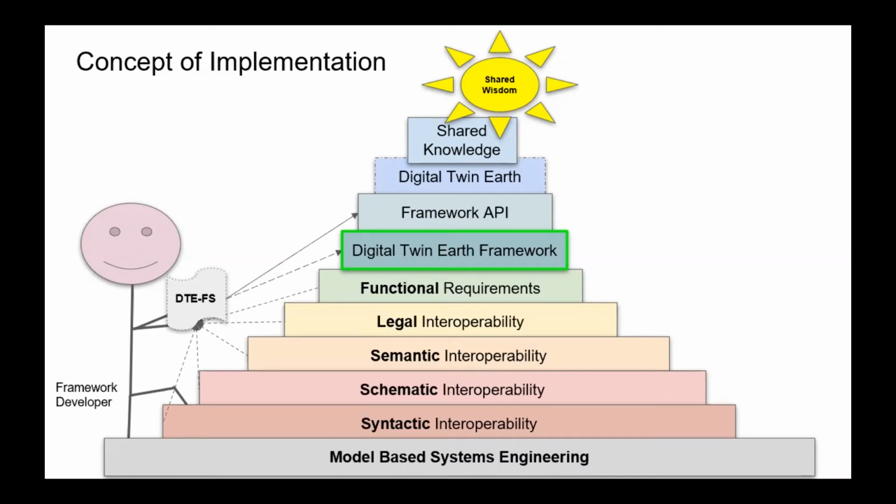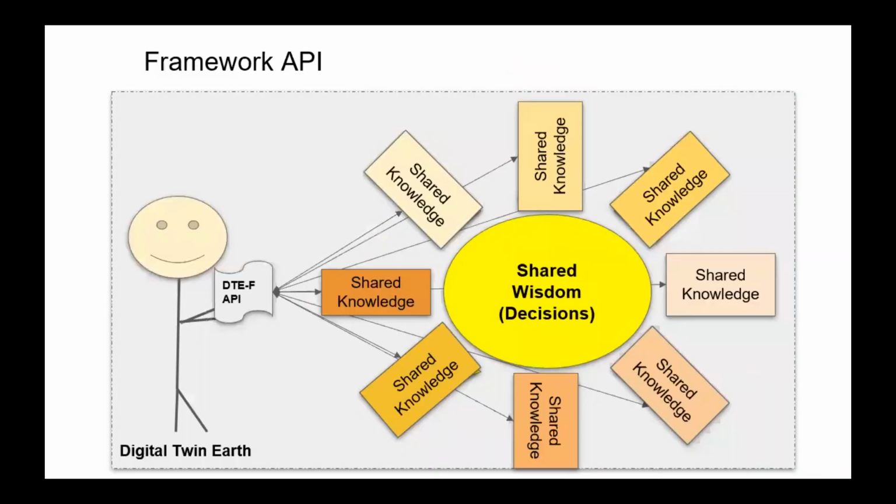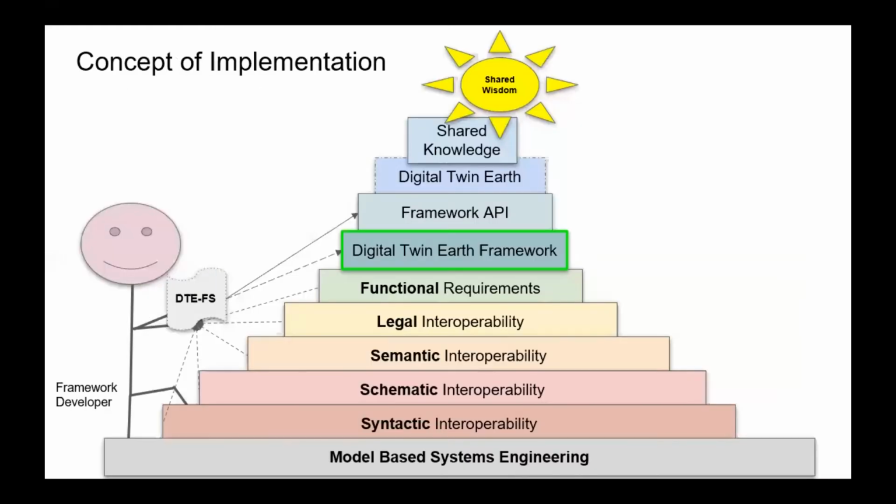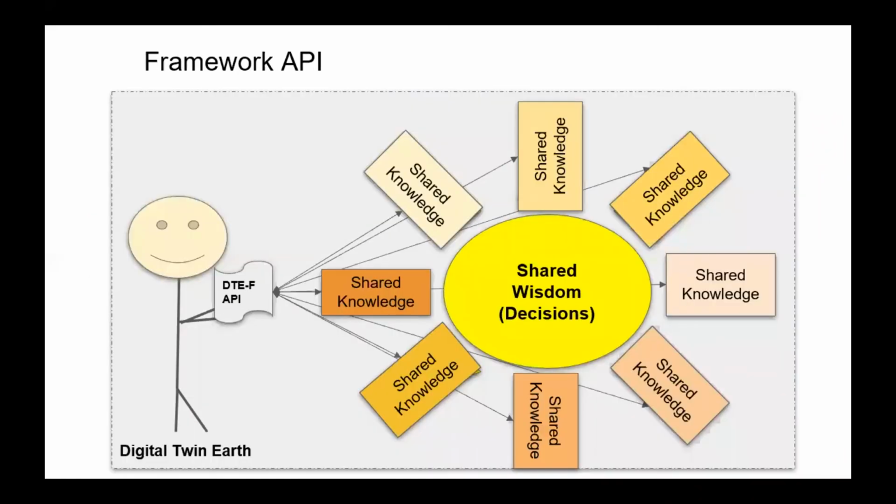And within that digital twin Earth, we're supporting shared knowledge and shared wisdom. So once we're in the digital twin Earth as a user, they might not care about all this stuff. Maybe it's nice to know, but as far as they know, they have an API, and they can access and produce shared knowledge.